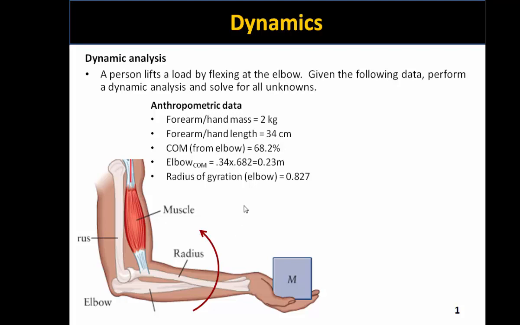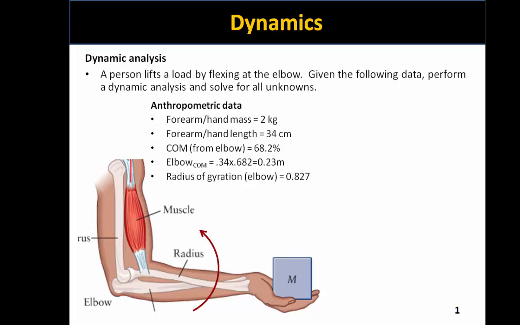Because this is a dynamic analysis and we know that it will involve the moment of inertia, because this is a rotating segment, we need a measure that will allow us to calculate the moment of inertia. And so I'm going to use the radius of gyration from the elbow, not the center of mass, because I want to calculate the moment of inertia directly without going through the parallel axis theorem.